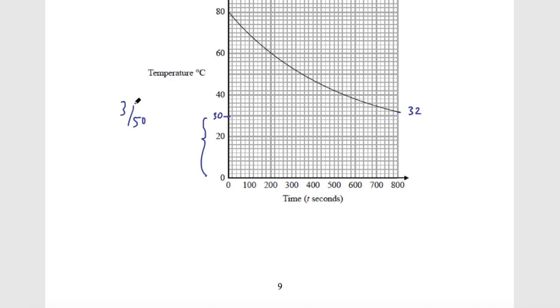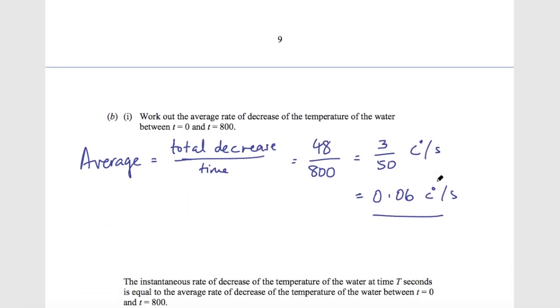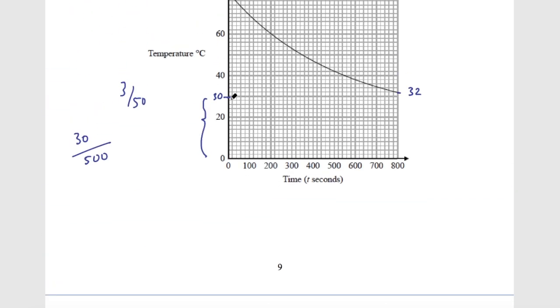Remember the gradient is the rise over run, so if the rise is 30, then we need to multiply that by 10 as well, so that's going to be 500. So the gradient of the line representing this rate of decrease will look like this.